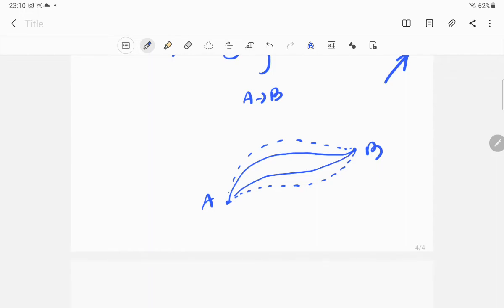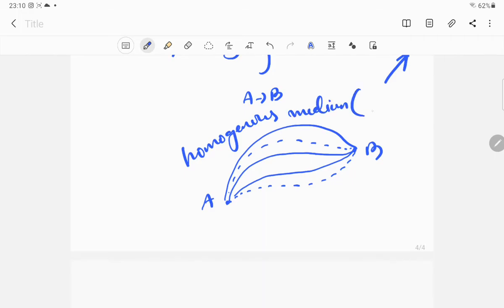Fine. From this principle we can see that in a homogeneous medium, when we are going from a to b, the refractive index is the same. What does homogeneous medium mean? n is the same everywhere, it doesn't change.